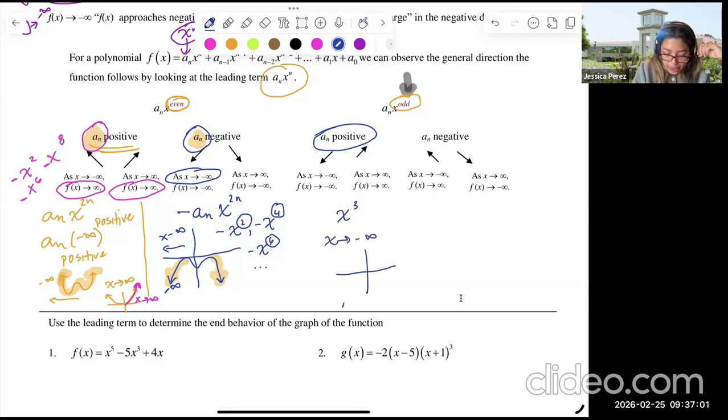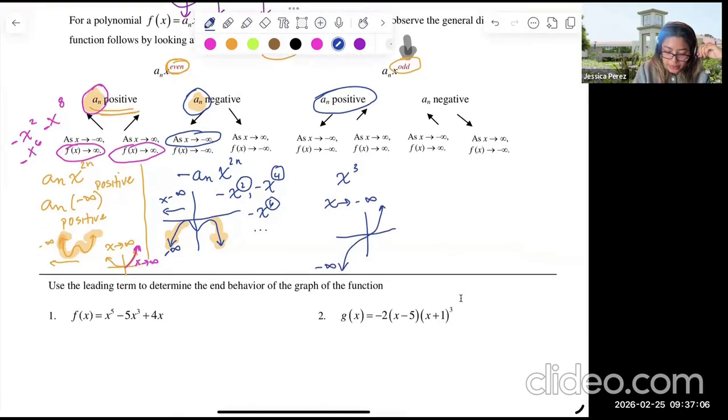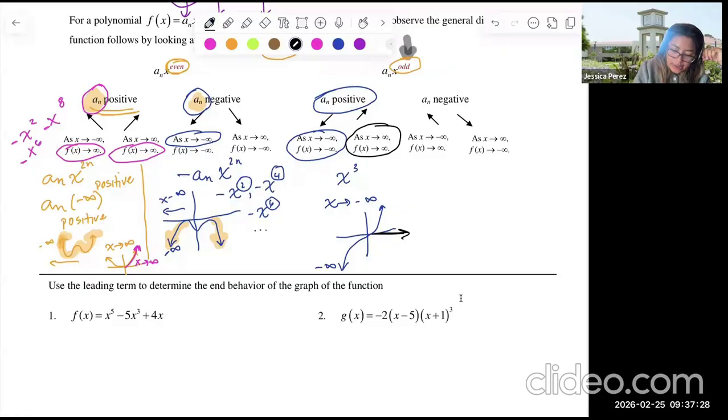So for this term, even though a sub n is positive, because the polynomial is odd, you will have this behavior: as x approaches negative infinity, y will go to negative infinity. Now, as x approaches positive infinity, going this way, then y will also go to infinity.